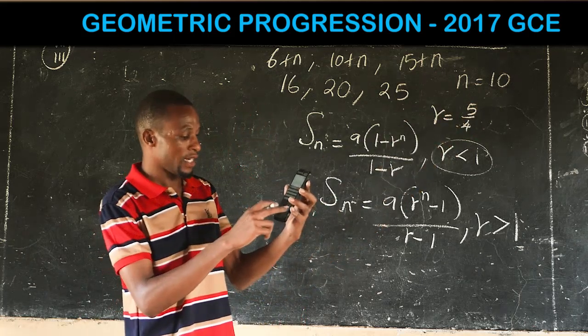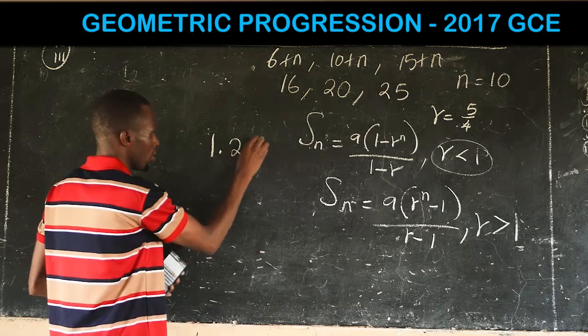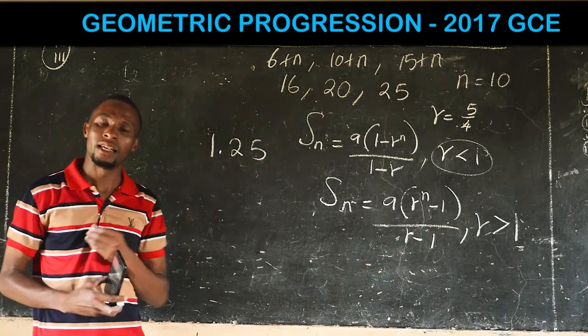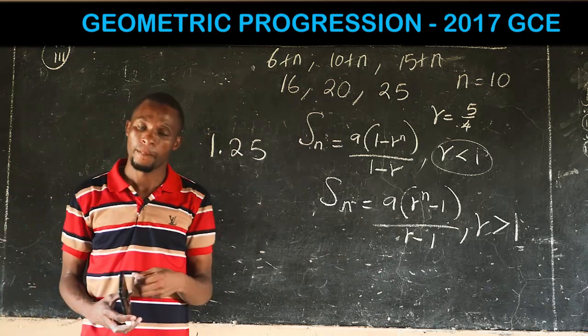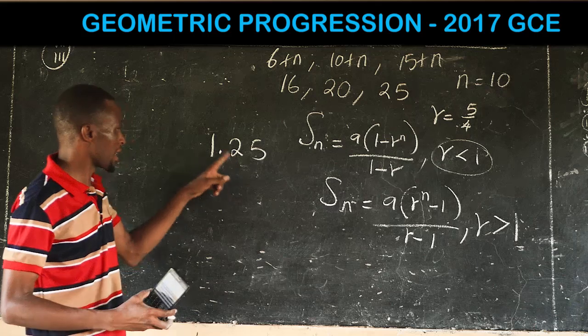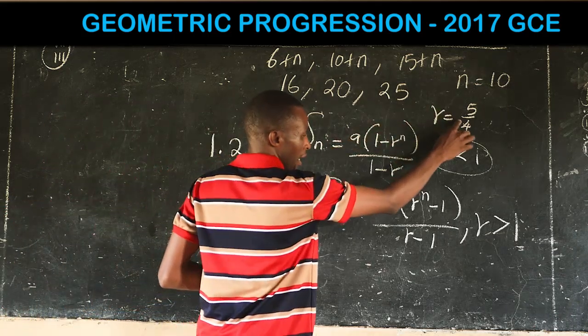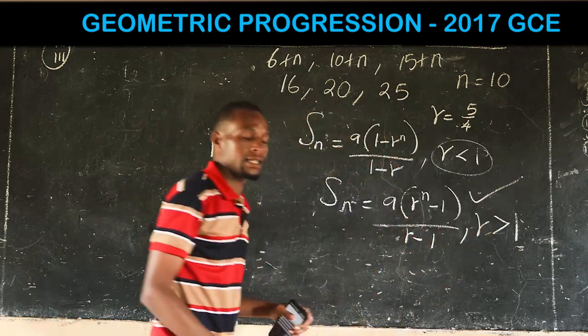You say 5 divided by 4. You're going to get 1.25. This number, when you look at it, is it greater than 1 or less than 1? Definitely you are going to say this is greater than 1. Meaning our common ratio here is greater than 1.